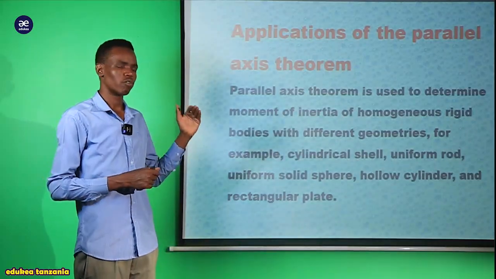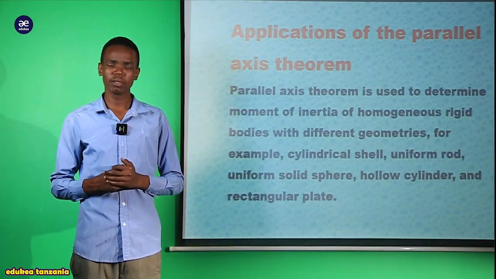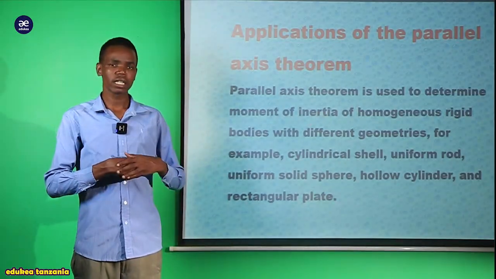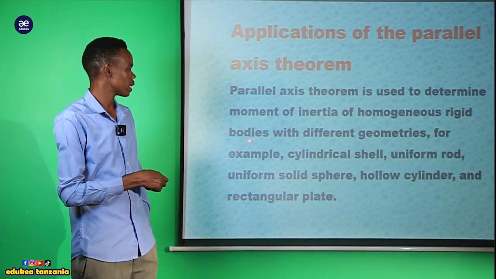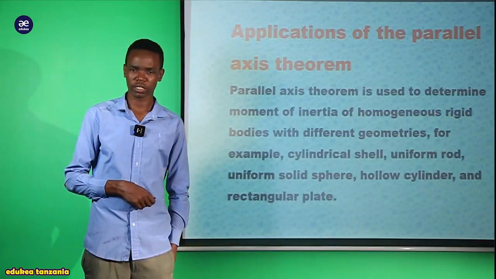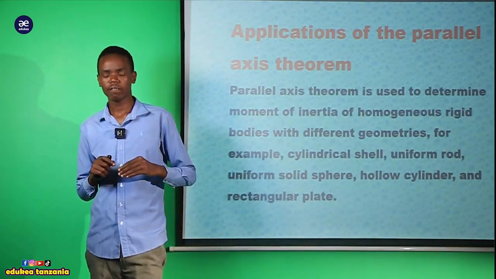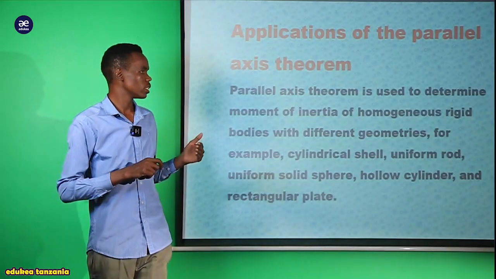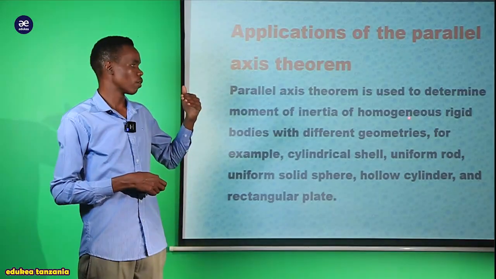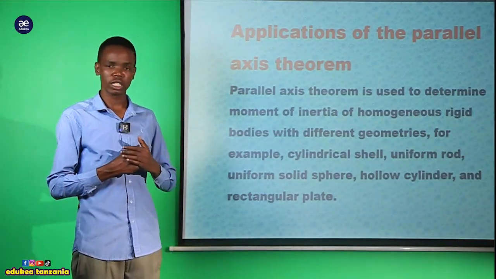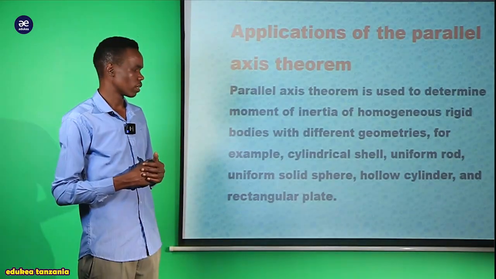The application of the parallel axis theorem. The parallel axis theorem is used to determine the moment of inertia of homogeneous rigid bodies with different geometries. It is very important because it is used to determine the moment of inertia for a homogeneous rigid body with different geometry.